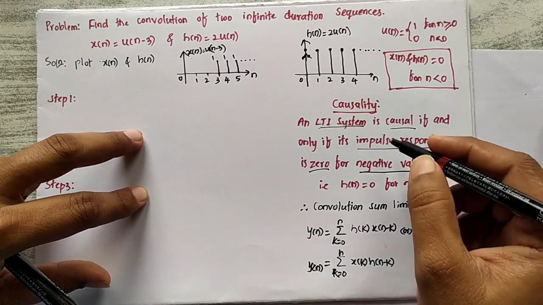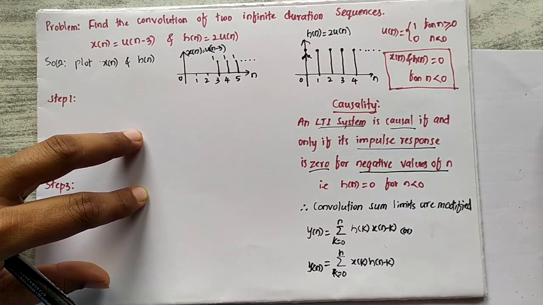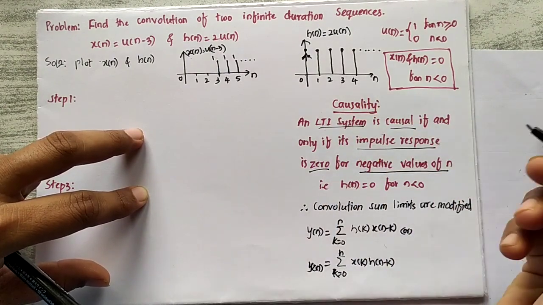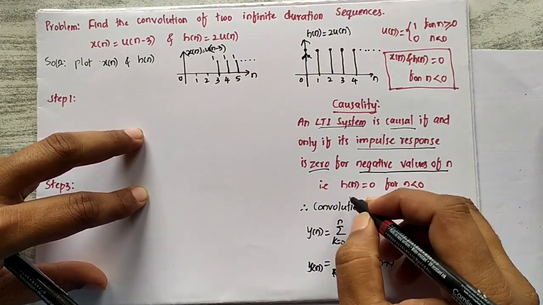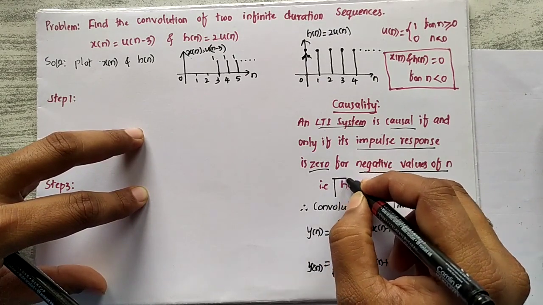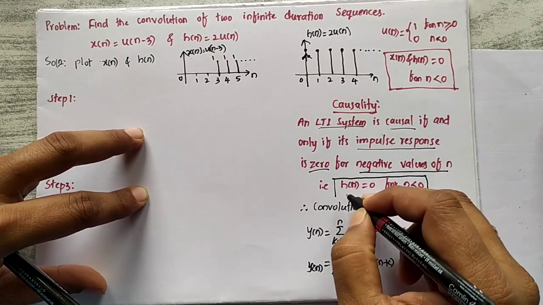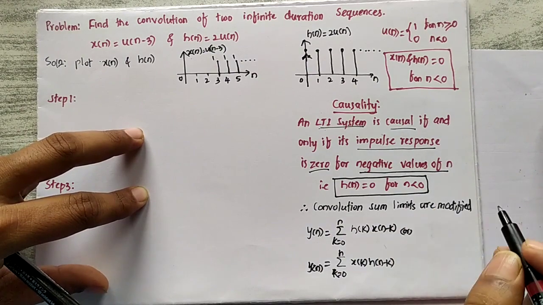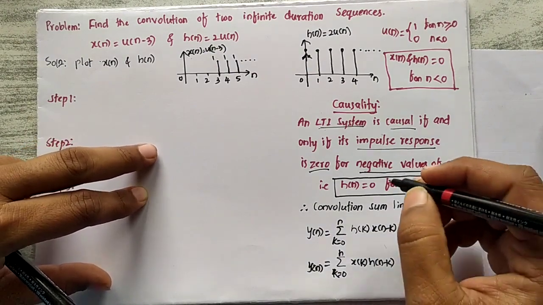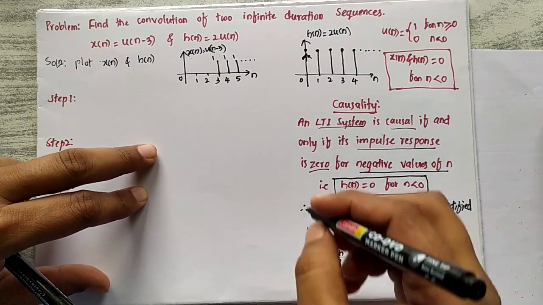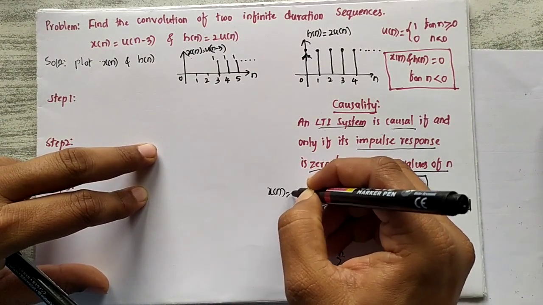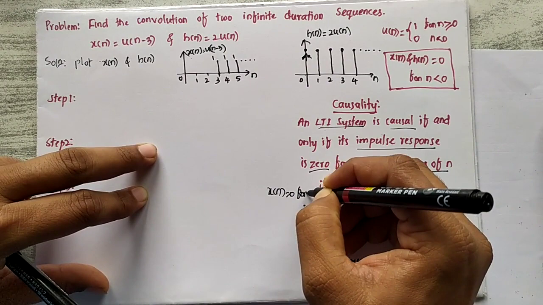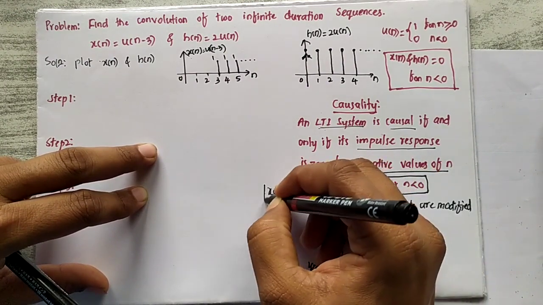If this is the case, then the LTI system is causal. So h of n is 0 for negative values of n, and relatively, x of n could also be 0 for n less than 0.